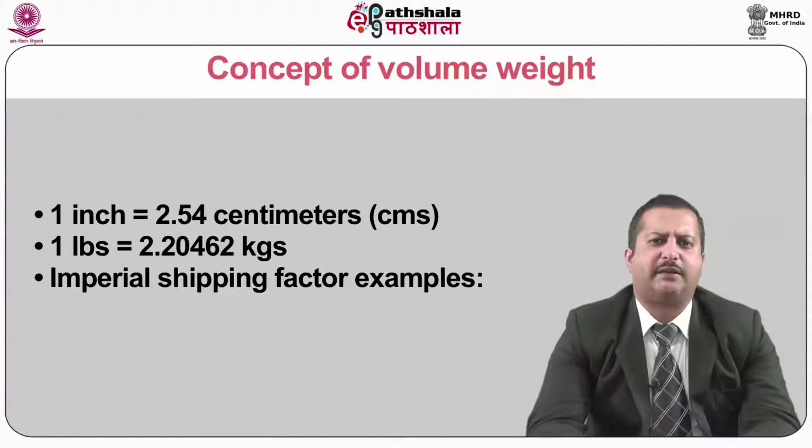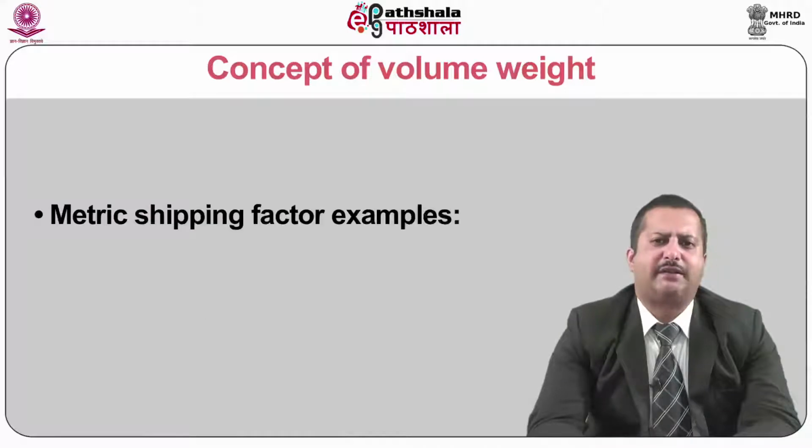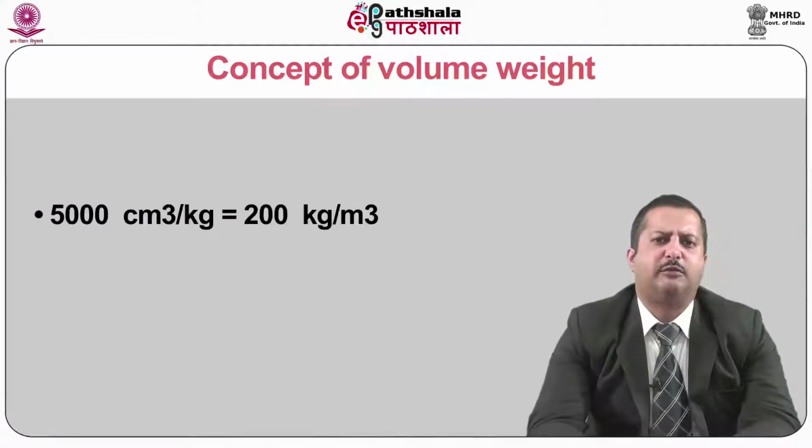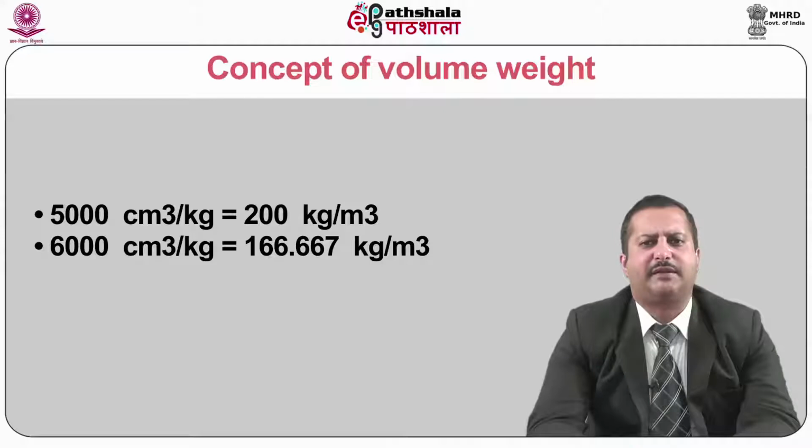Imperial shipping factor example: 167 inch cube per pound is equal to 10.4 pound per feet cube. Metric shipping factor examples: 5000 cubic centimeter per kg is equal to 200 kg per meter cube. 6000 centimeter cube per kg is equal to 166.667 kg per meter cube.